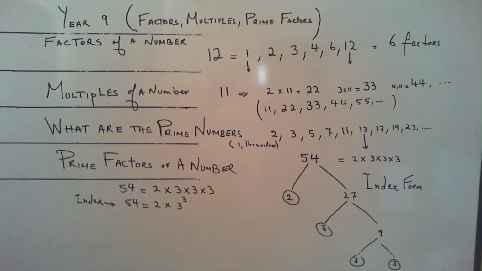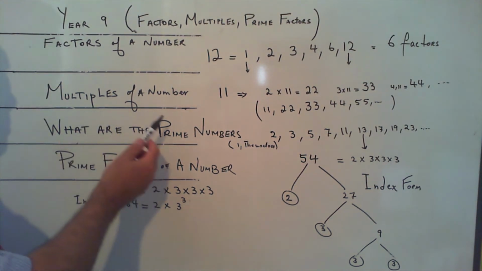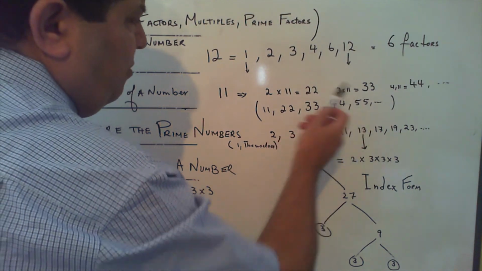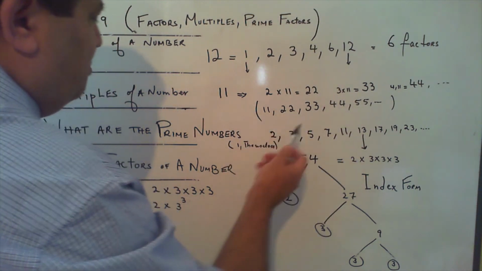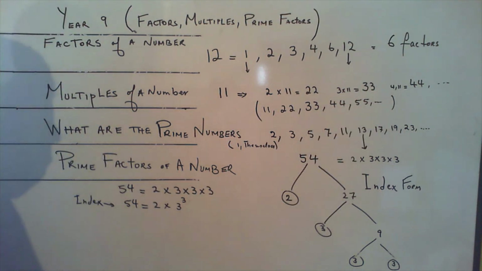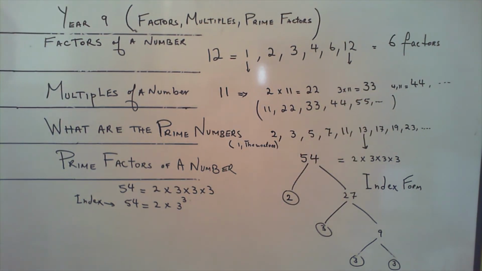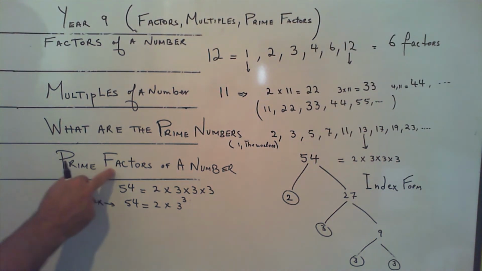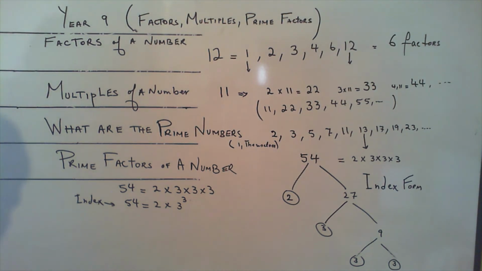If they ask you what are the multiples of a number, 11, the first 5 for example, the first 5 multiples will be 11, 22, 33, 44, 55, and this is the number multiplied 1 times, 2 times, 3 times, 4 times, 5 times. Okay? So multiples of any number you should be able to do. And then in order to understand what are the prime factors of a number, first obviously we have to know what the prime numbers themselves are.